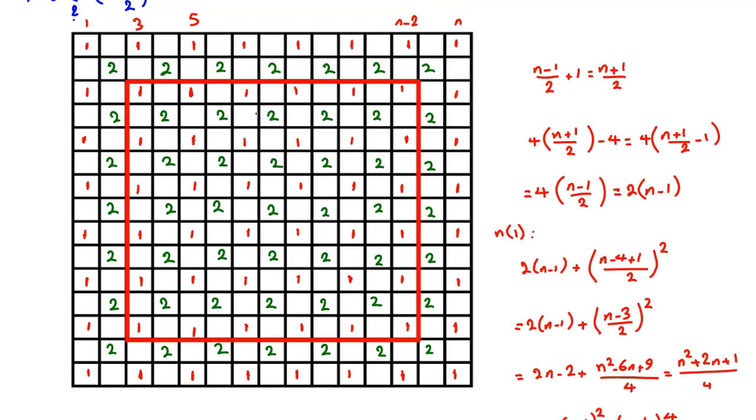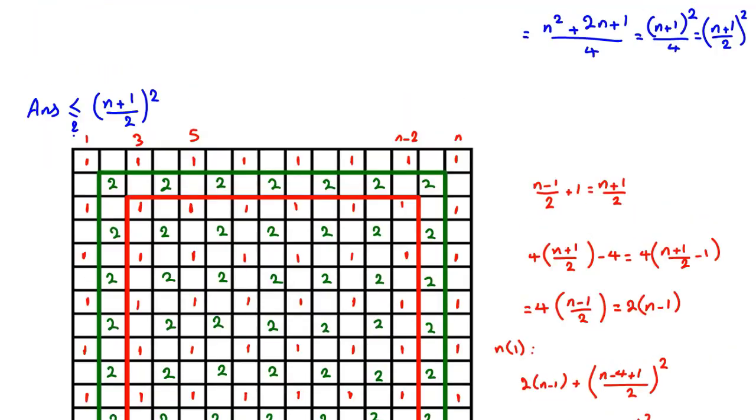Now, if you want to calculate the number of green twos, we have one layer. For this one, it is for n minus 2, because it starts from n, so n minus 2 if I consider from this part to this part.